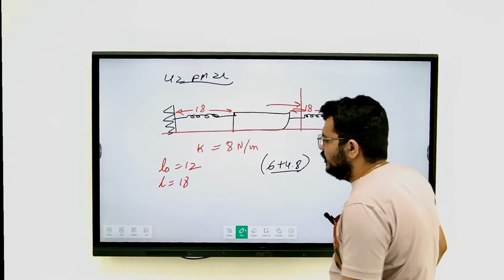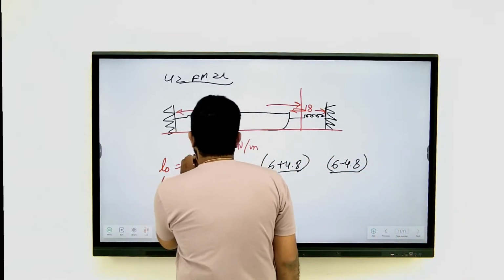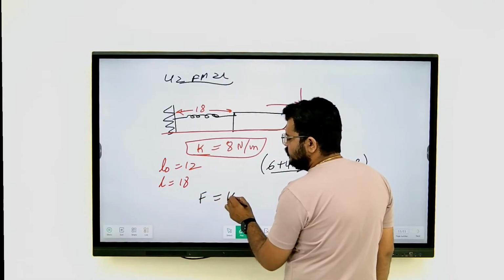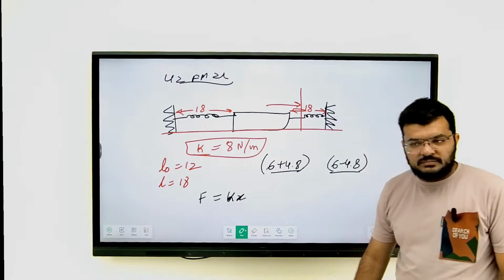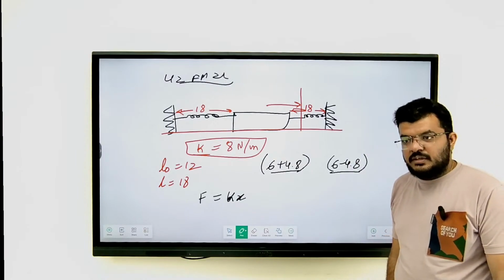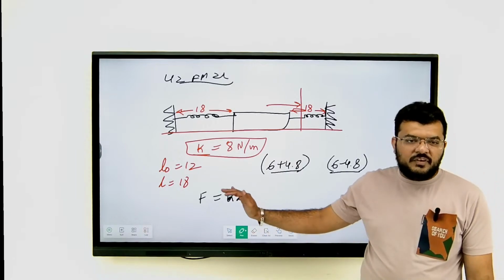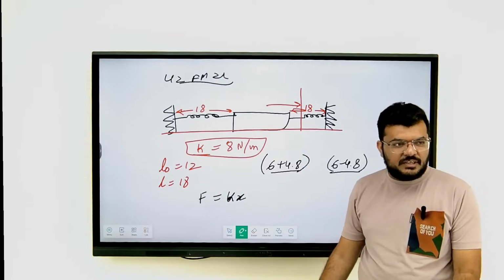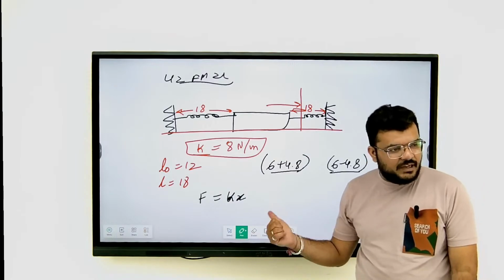See, the logic should start from here: k is already given to you, right? If you want to find F, F is equal to kx. Make sense? So if this was a situation where you would be stuck in an exam, you can easily find the value of x over here.